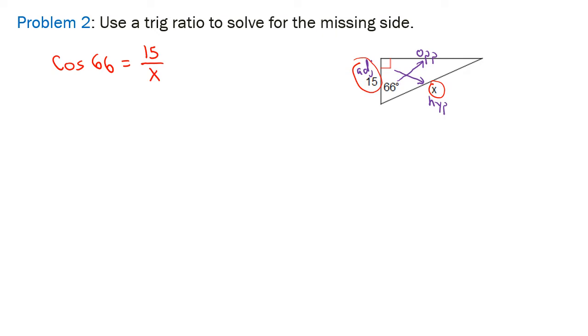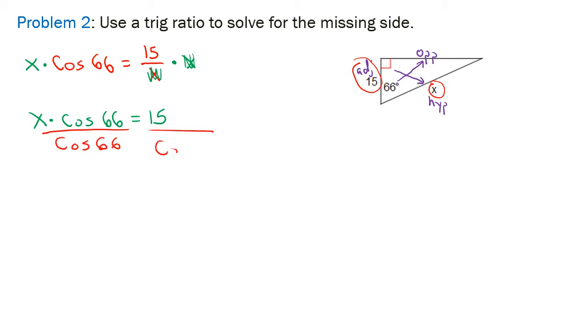And from here, I'm going to solve for x. So I'm going to multiply both sides by my denominator, which happens to be x. Here, the x's are going to cancel out, leaving x times cosine 66 equals 15. We want to get x by itself, so we're going to divide both sides by cosine of 66.